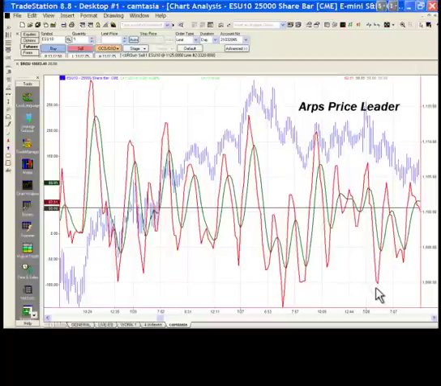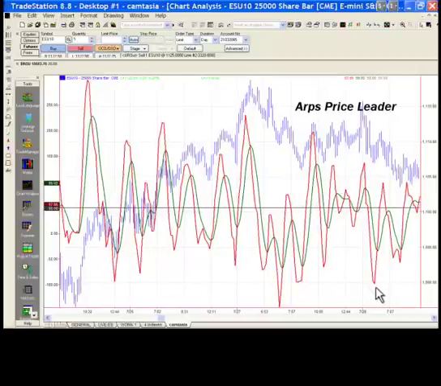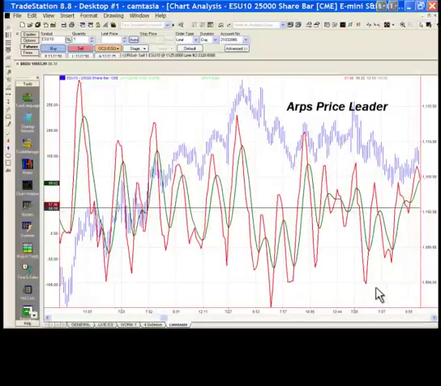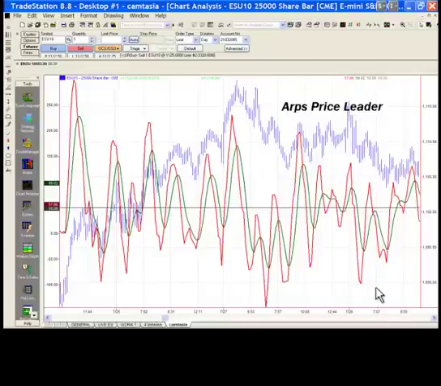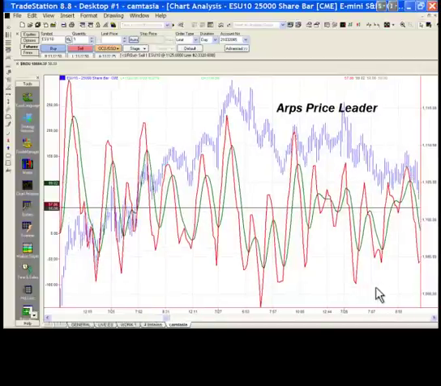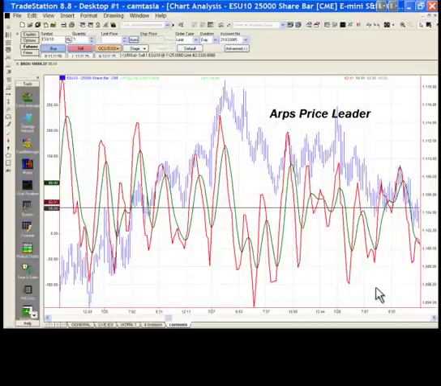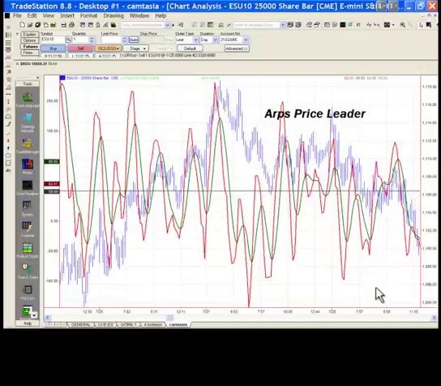Let's take a look at how the Arps price leader would look as time passes on this chart created by TradeStation. Remember that the Arps acceleration oscillator is a tool to be used primarily for timing entries and exits, once trading orientation decisions have already been made.